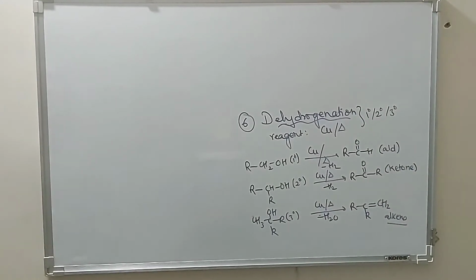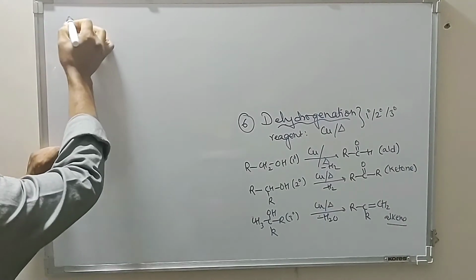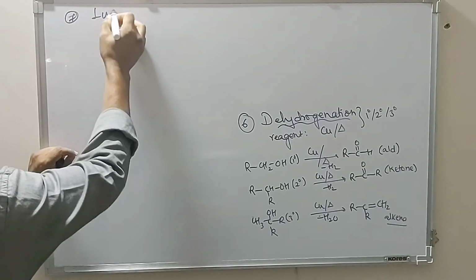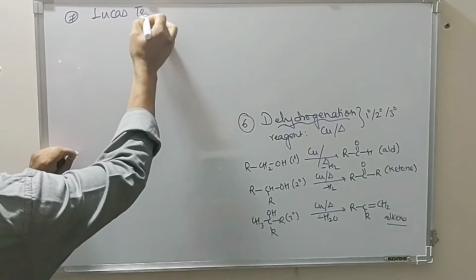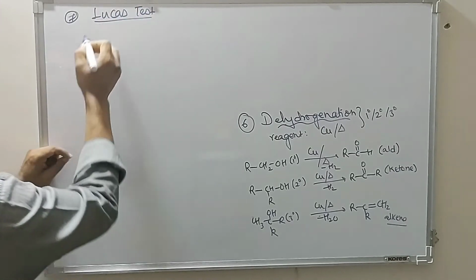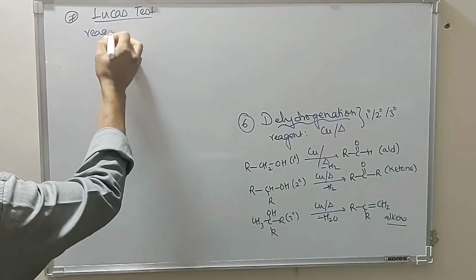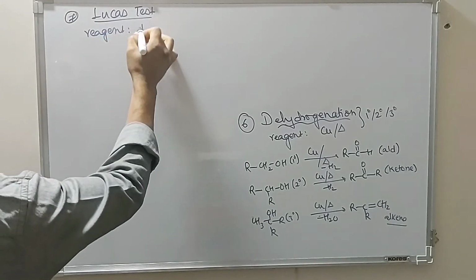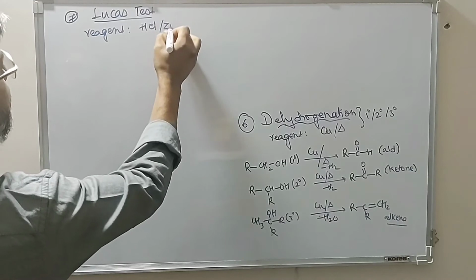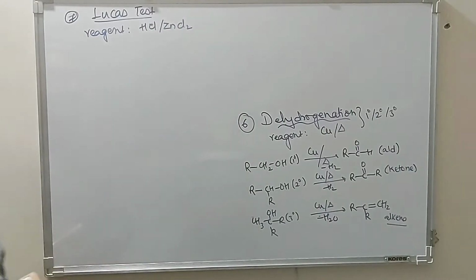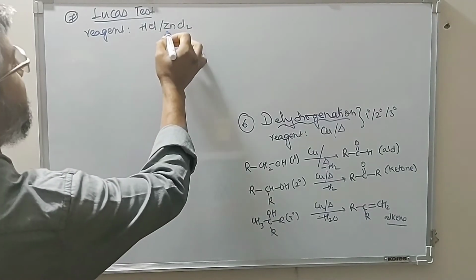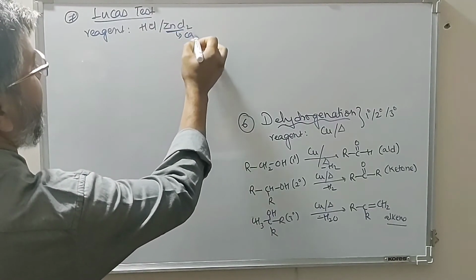So the first test is the Lucas test. The reagent used for this reaction is HCl in presence of zinc chloride. This zinc chloride is used as a catalyst here.